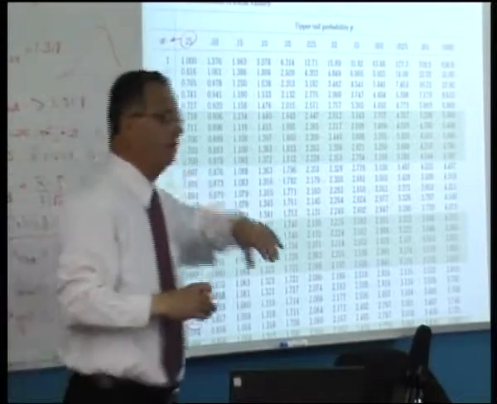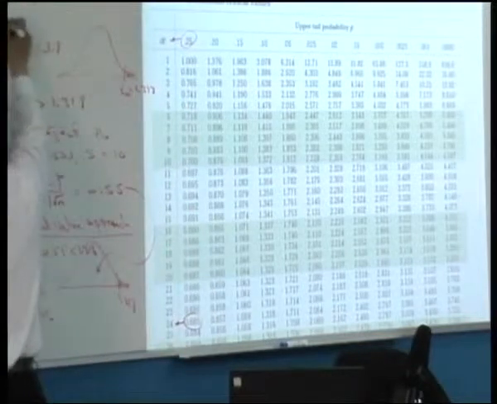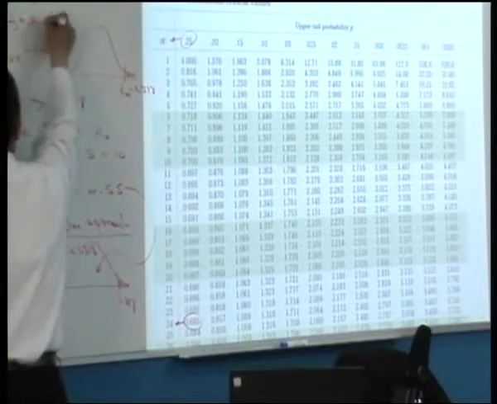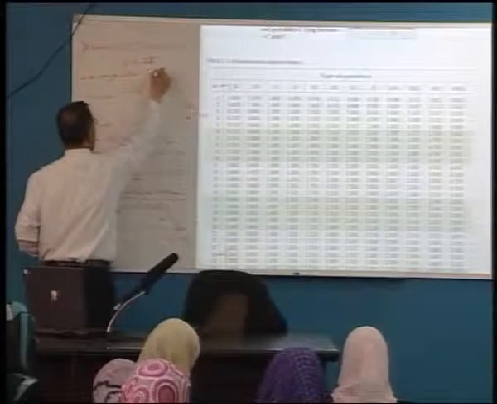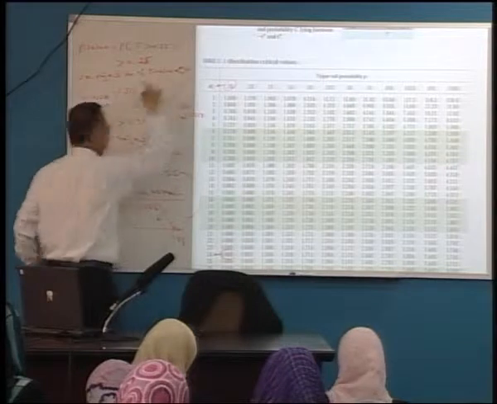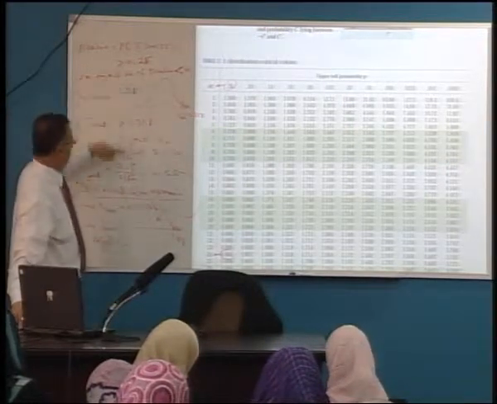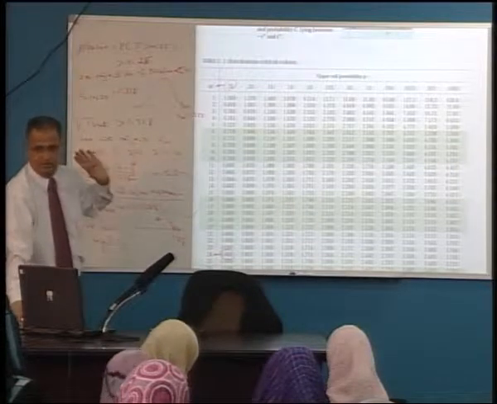Always, as we mentioned before, we reject the null hypothesis if your p-value is smaller than alpha. Now, this rule does not depend on the alternative hypothesis.